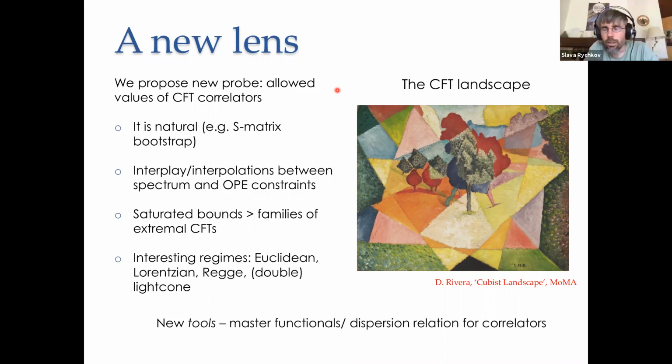Miguel, this probe is simply the allowed values of CFT probe. Miguel, can you hear me? Yes. You are breaking up at times. Can you move closer to the router or shut down some of the other things that take your bandwidth? Well, I don't think I'm using anything, and I'm right next to my router. Okay.